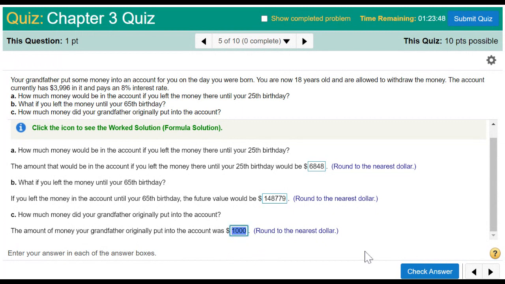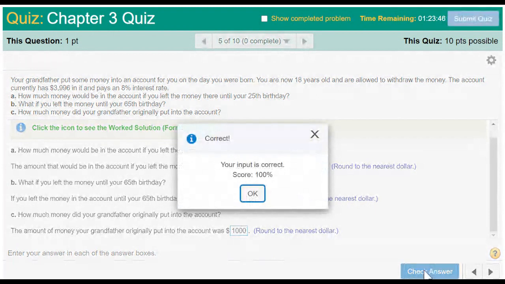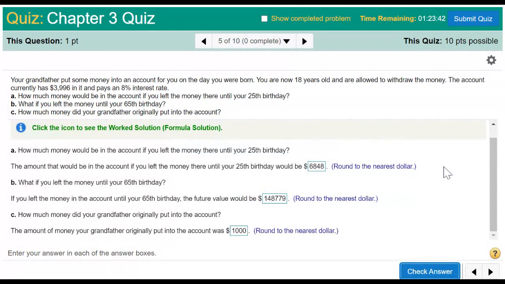$1,000. Good. Professor, can you explain how we get $1,000? Absolutely. Okay. N equals 18.